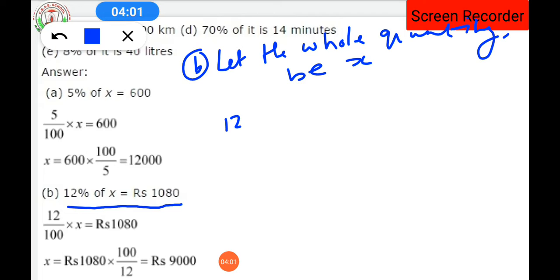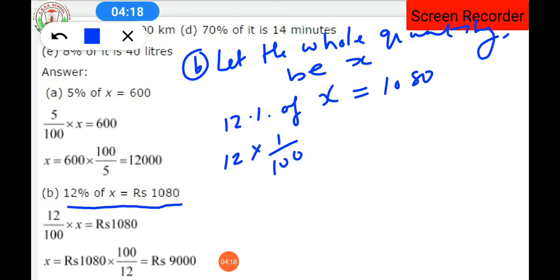So 12% of it, that means 12% of x is equal to 1080. So 12 into percent is written as 1 upon 100, of means into x is equal to 1080. Clear up to here? Now we have to do the calculation for this.